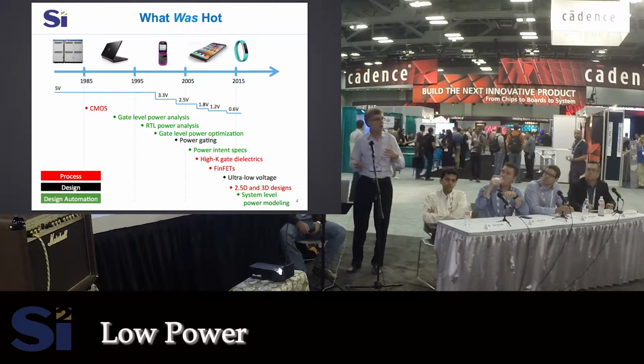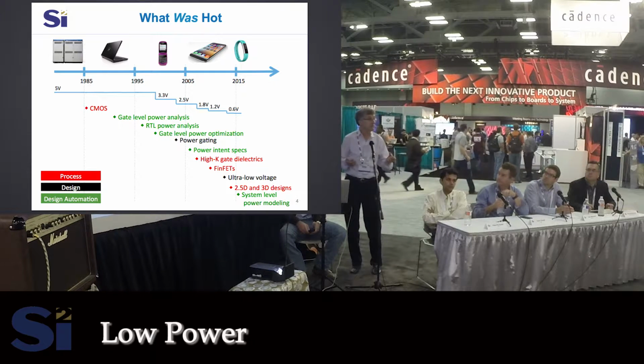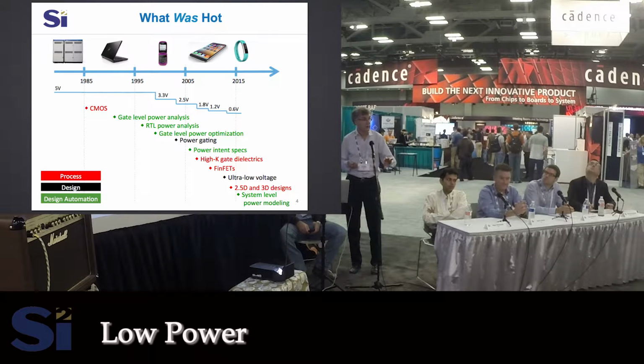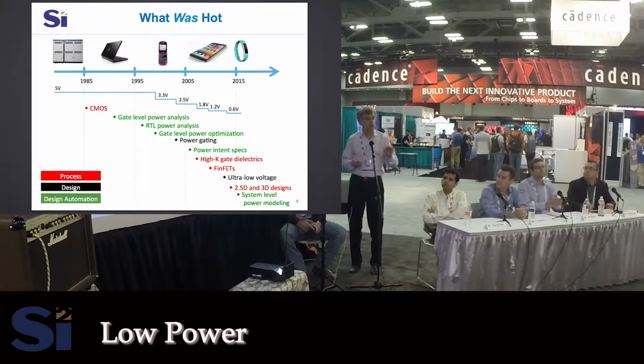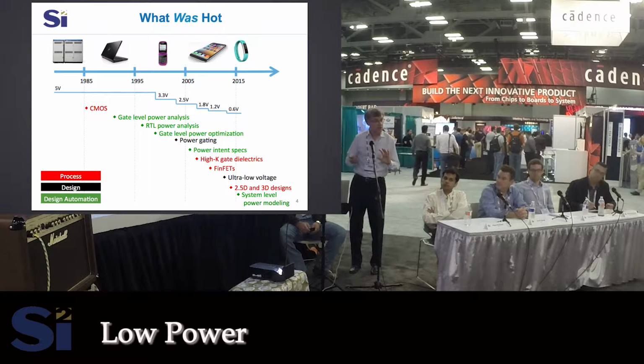Going forward in time, the applications became even more power sensitive, such as cell phones. We also saw a drop in the supply voltage. That drop was actually not driven by low power design. It was driven by reliability issues, but it helped us in low power design.